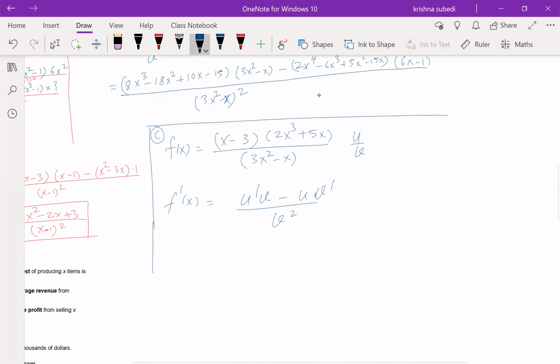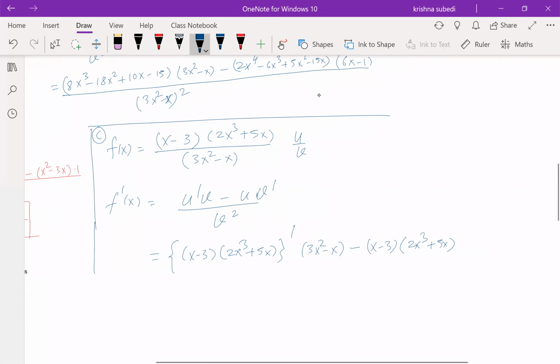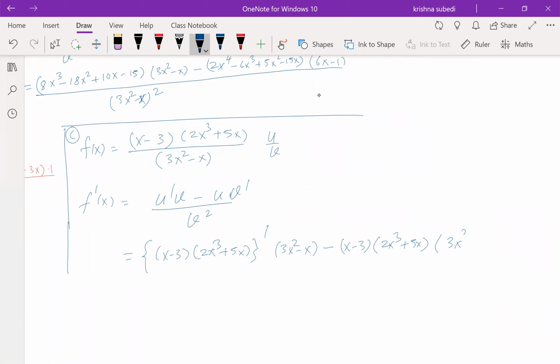Now, u prime means we need to find the derivative of x minus 3, 2x cubed plus 5x. Copy v, which is 3x squared minus x, minus copy u, which is x minus 3, 2x cubed plus 5x, and the derivative of v, which is 3x squared minus x prime, over v squared, which is 3x squared minus x squared.